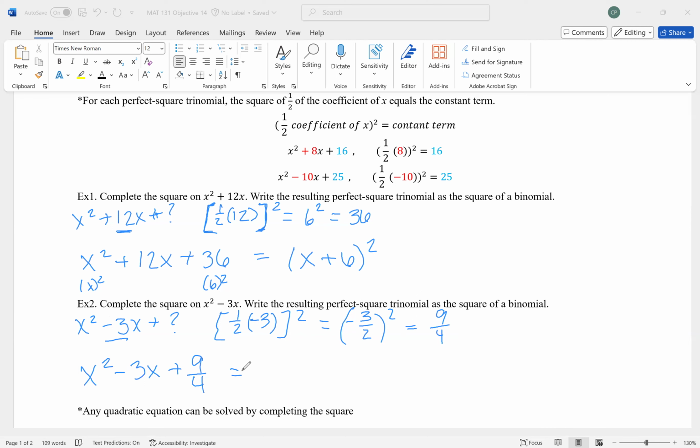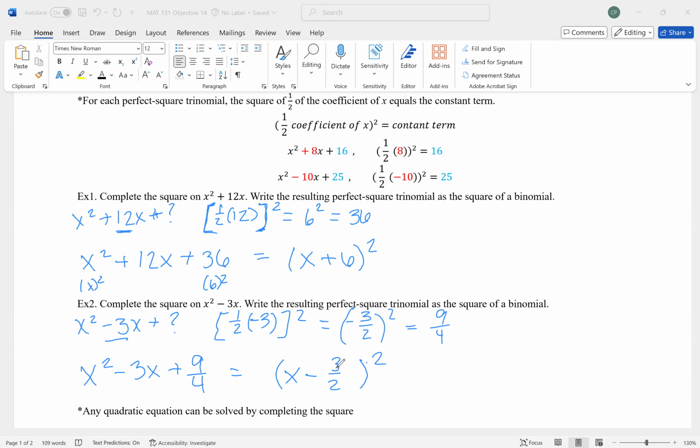And then if we wanted to write it as a binomial squared, or the square of a binomial, it will be x minus 3/2 squared, okay?